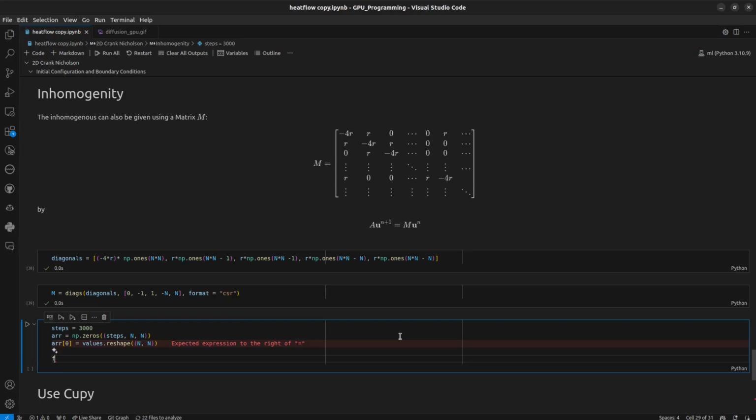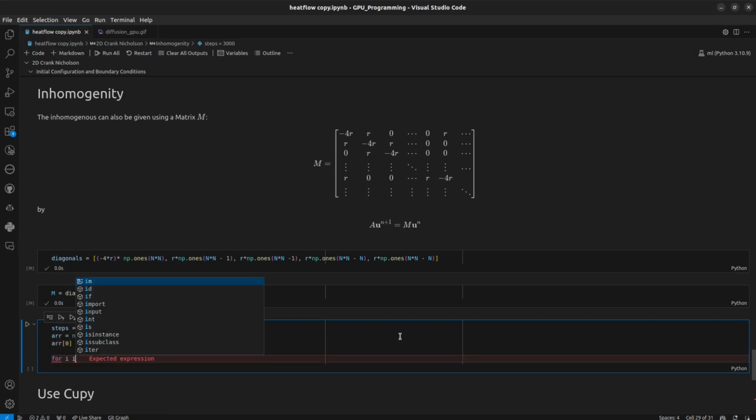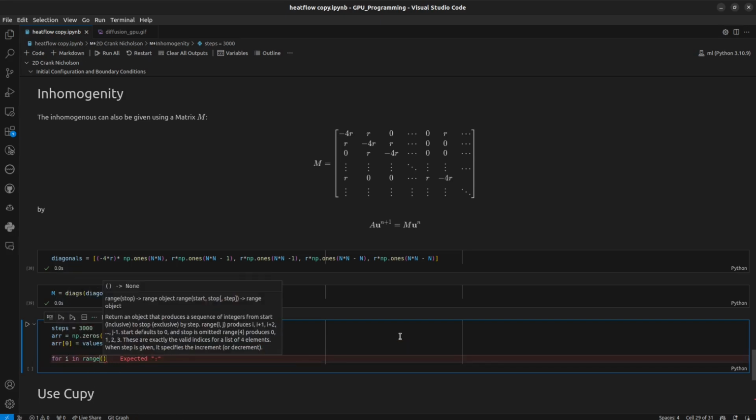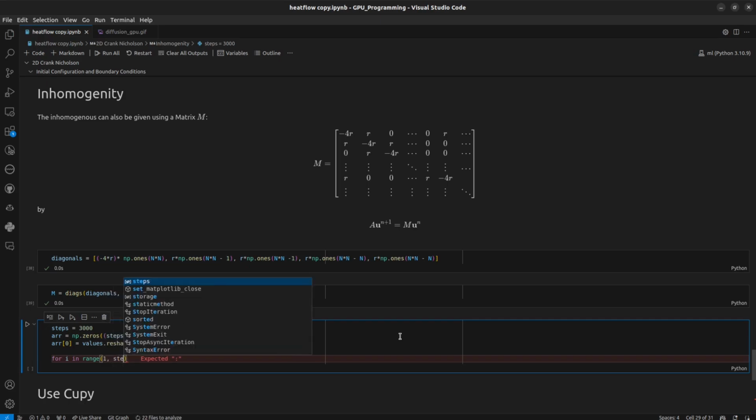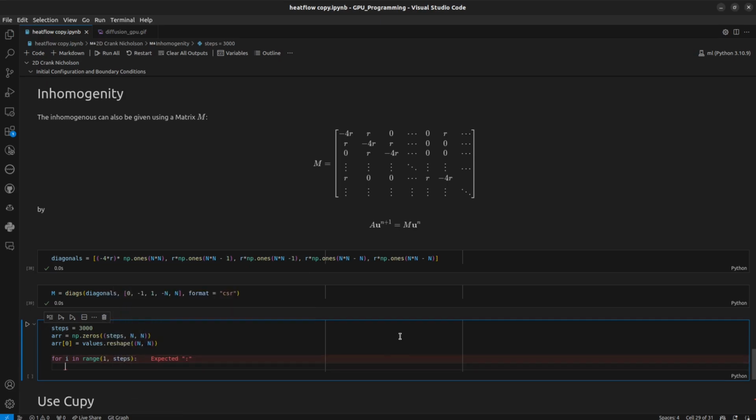And now we can iterate. What we want to do is solve it and update our values in place.